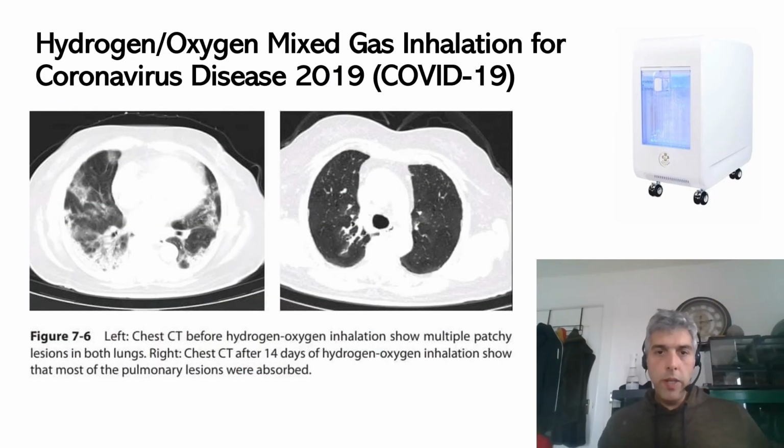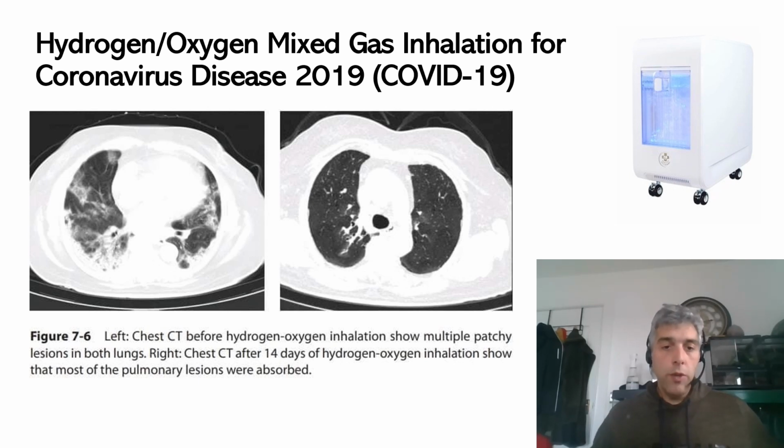So I wanted to highlight some of the clinical research that was done by Zhong Nanshan in China for the Type 2 approved machine in China, which has been used in 7 major Chinese hospitals throughout the COVID pandemic. And you can see here an example of CT scans of the lungs. This is 14 days after they're doing inhalation.